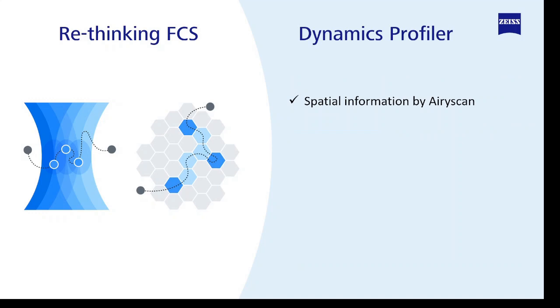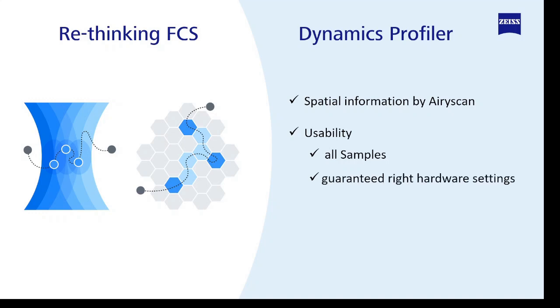We not only want to use spatial information by the Airyscan detector, but we also want to increase the usability. We want FCS to measure all samples and guarantee the right hardware settings.